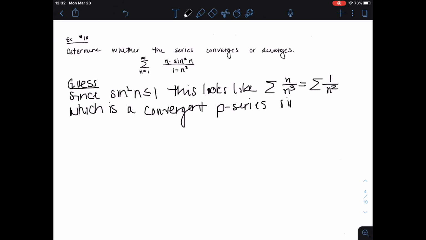Since p equals 2, which is bigger than 1. Okay? So now we can go ahead and we can actually apply the comparison test.